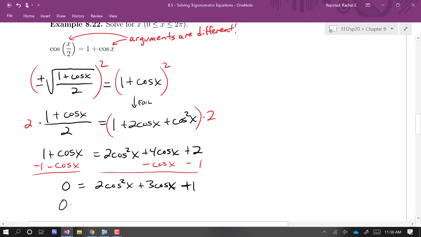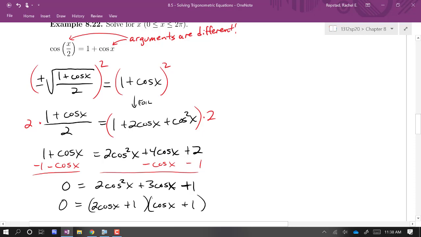And like the last one, this will factor. You can convince yourself of this by working it out, or maybe you want to pause the video and see if you can find the factorization yourself before I tell you, but it'll factor as 2 cosine x plus 1 and then cosine x plus 1. That'll work out to give us the plus 3 cosine x in the middle.